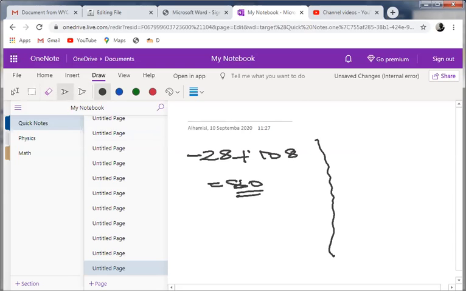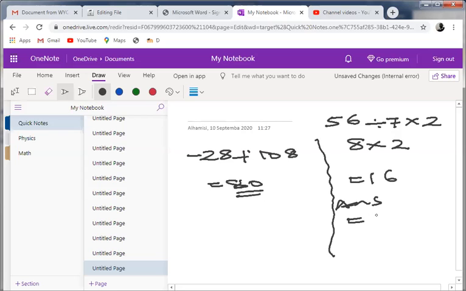Let me write it clearly: 56 divided by 7, then we multiply by 2. We start with the division, 56 divided by 7, which is 8, times 2, which is going to give us 16.